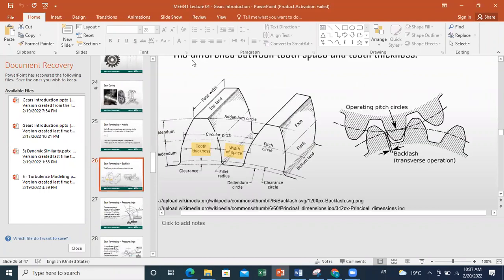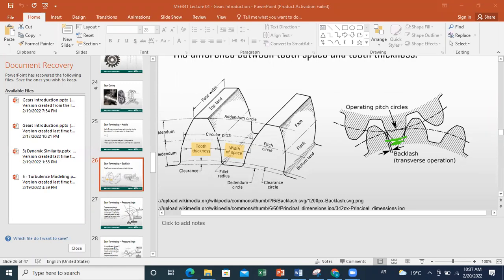Whenever your two gears are in mesh, the top of one gear will be at a certain level. The distance between the top of the meshing gear and the root, the bottom of your second gear, is called clearance.